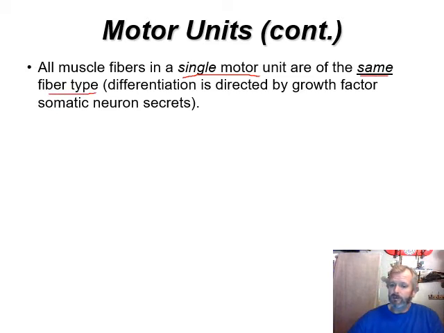Going back to that last slide, the purple neuron, those muscle fibers it's innervating would be, say, all fast twitch muscle fibers. It wouldn't innervate some fast twitch, some slow twitch, some medium, some of the 2A fibers. It's going to be all fast twitch or all slow twitch for that one motor neuron.